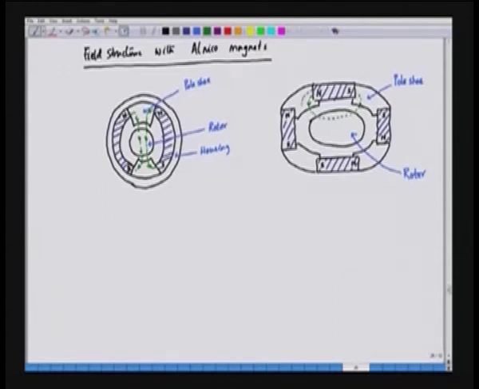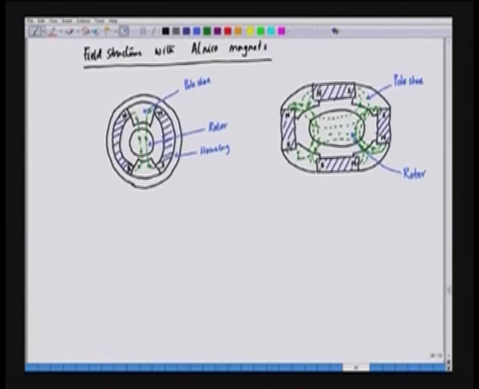Similarly, here we have other flux lines coming out of the north pole and entering the south pole.